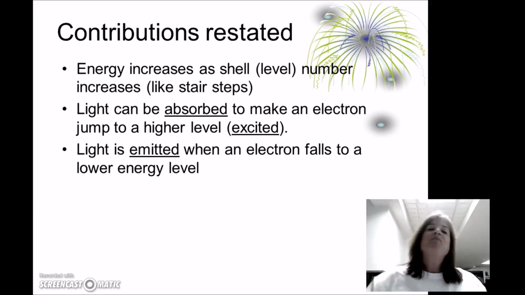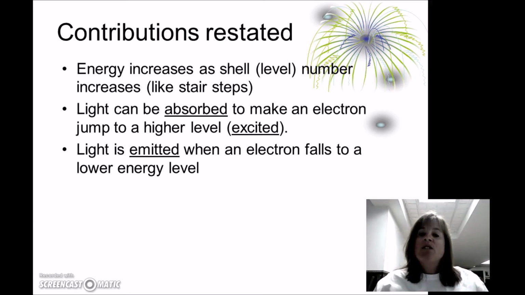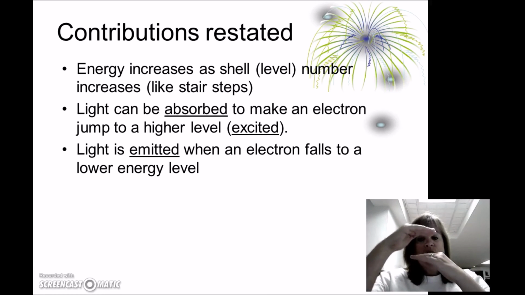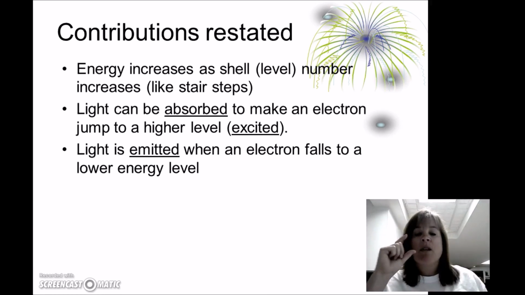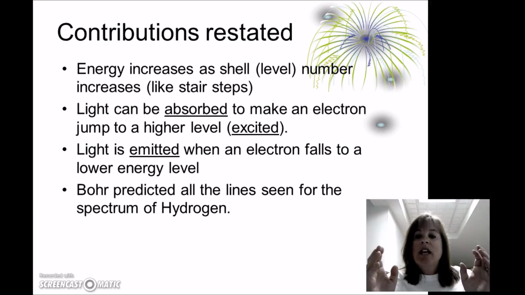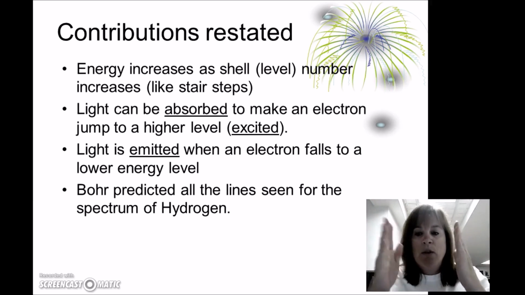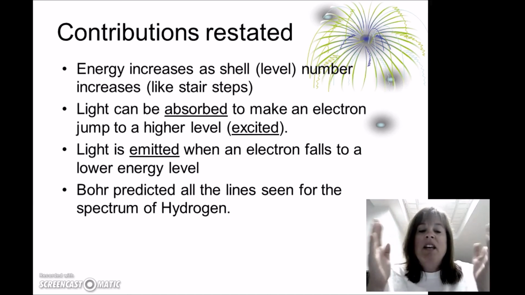I want to get down. So light is emitted when that electron falls back down to the lower level, but it's a specific amount because that energy difference between those levels is a specific amount. Now, Bohr actually did this, and he was able to predict every single specific wavelength in the hydrogen spectrum. Pretty cool.